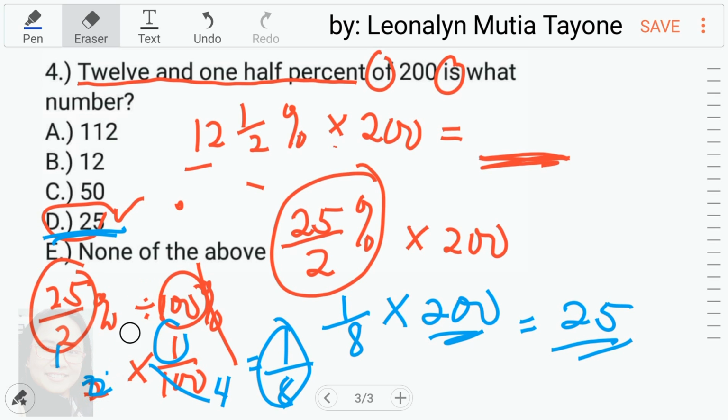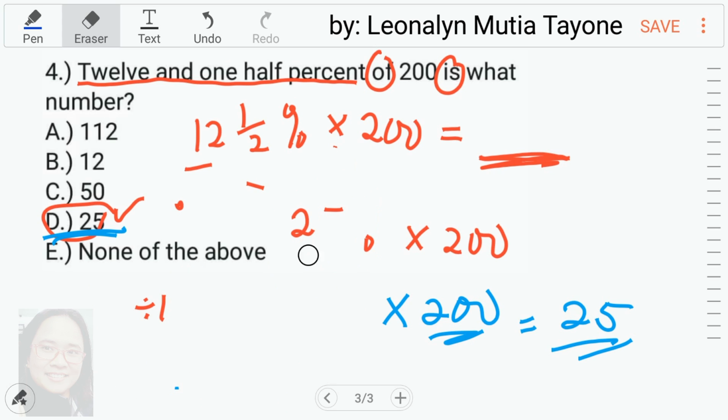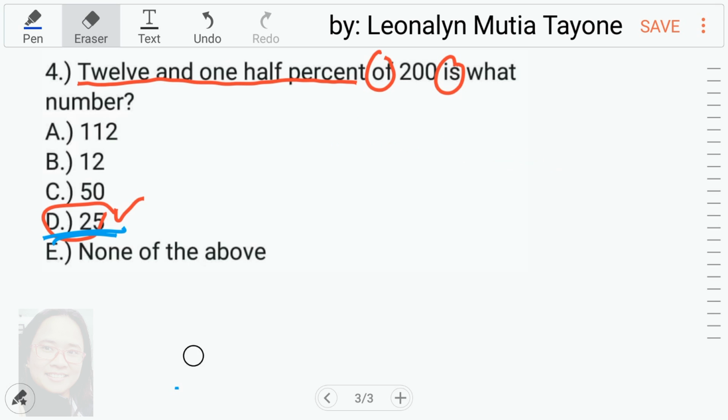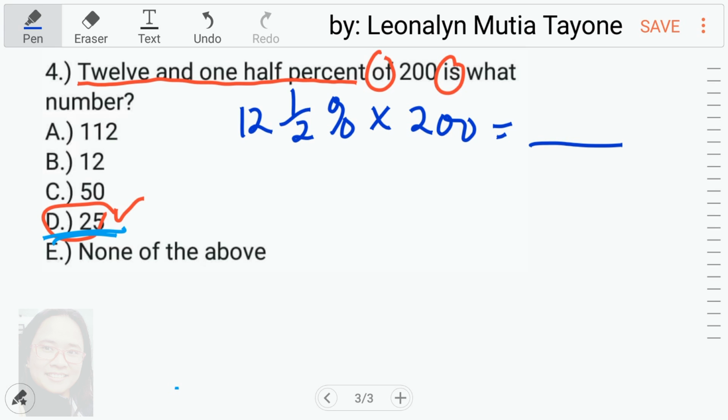Now, let's do another way of solving this. At ito yung mas madaling paraan. 12 and 1/2% times 200 is what? 12 and 1/2% of 200. 10% of 200 is 20.